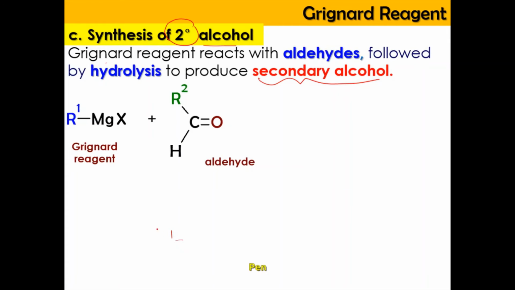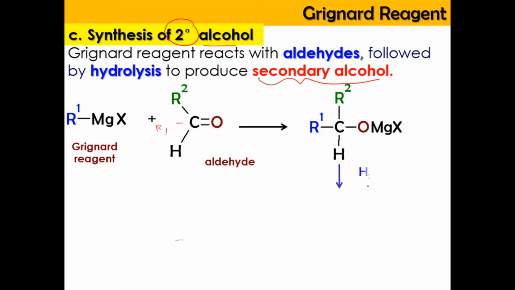Okay, so when you react a Grignard reagent with an aldehyde, what you're going to get is R1 C R2 OMgX, where R1 is attached at this side and the MgX is attached on the oxygen here. Then we undergo hydrolysis with H2O in acidic condition in order to remove MgX and replace it with hydrogen here.